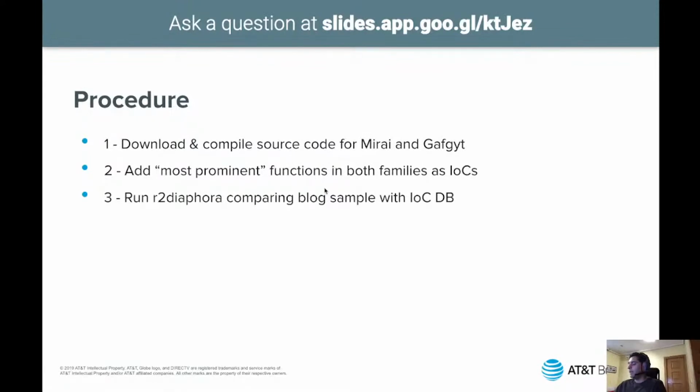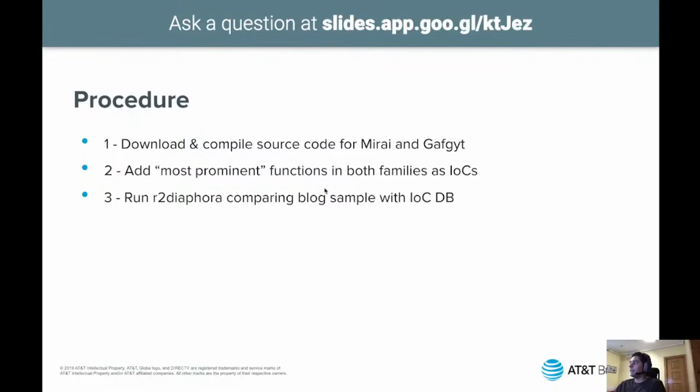And then I added the most prominent functions to the indicator database. By most prominent functions, I just mean do not add, like we saw previously, a wrapper function or a library function, but something identifiable enough that can generate meaningful matches.